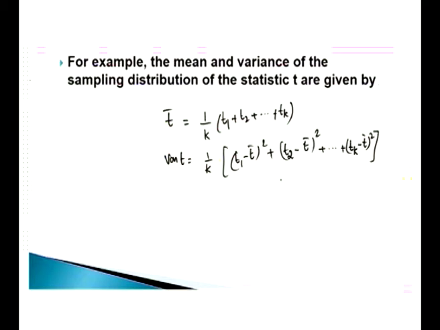This gives you the variance of T. So, these are the two basic measurements which you can calculate for a random variable.